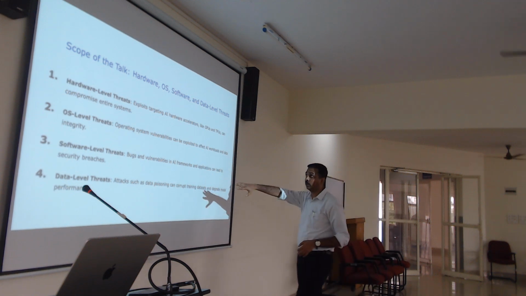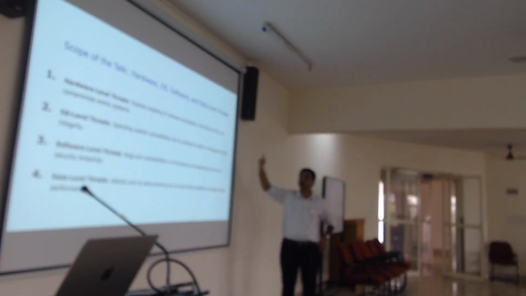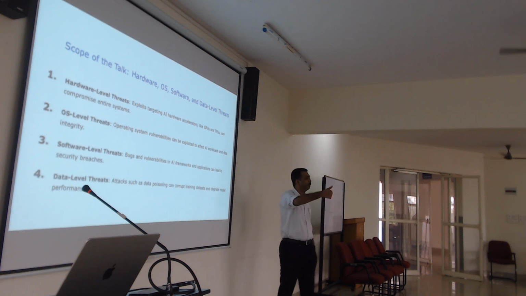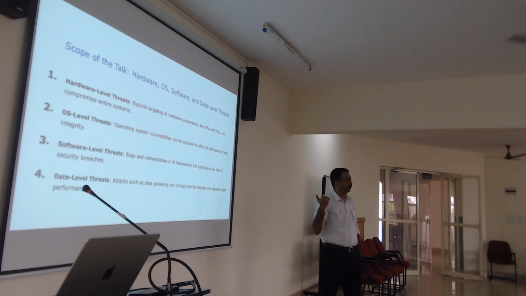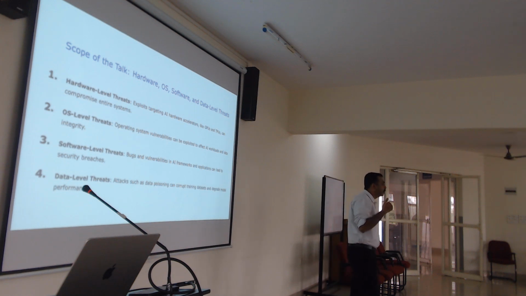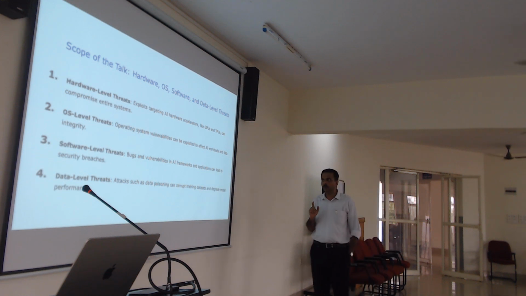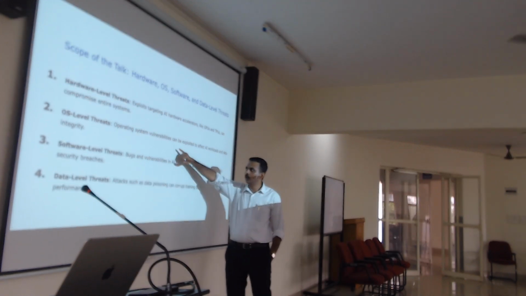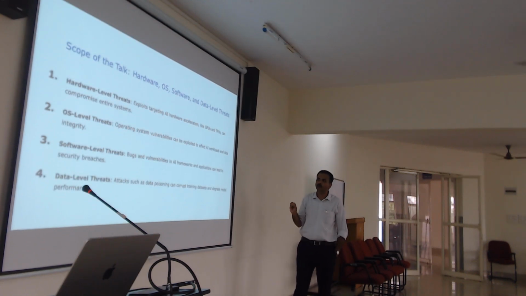Hardware level threats exploit and target AI hardware accelerators like GPU and TPU. Whatever we learned about GPU and TPU can be easily attacked, because your GenAI model does not work on a traditional CPU. It requires specialized accelerators, so hardware attacks come under that. We have OS level threats, where vulnerabilities can be exploited to affect AI workload and data integrity.